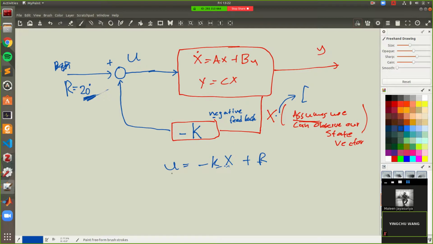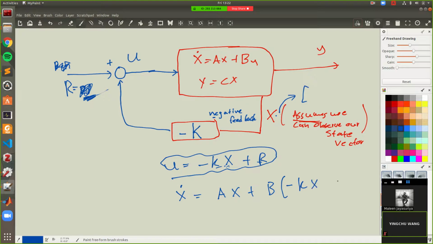So let's just look at how the math works out. So you have x dot equals ax plus b into, so u has now been replaced by this, minus kx plus r.